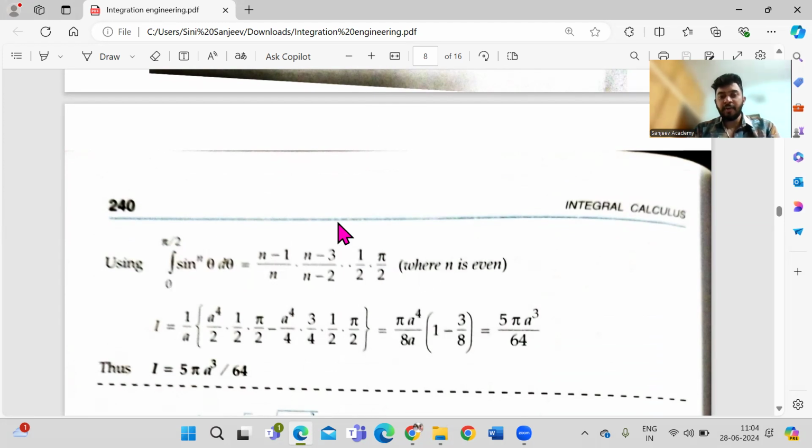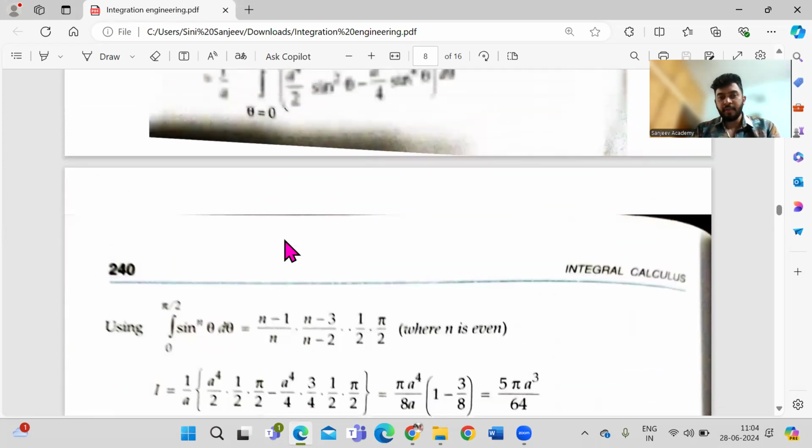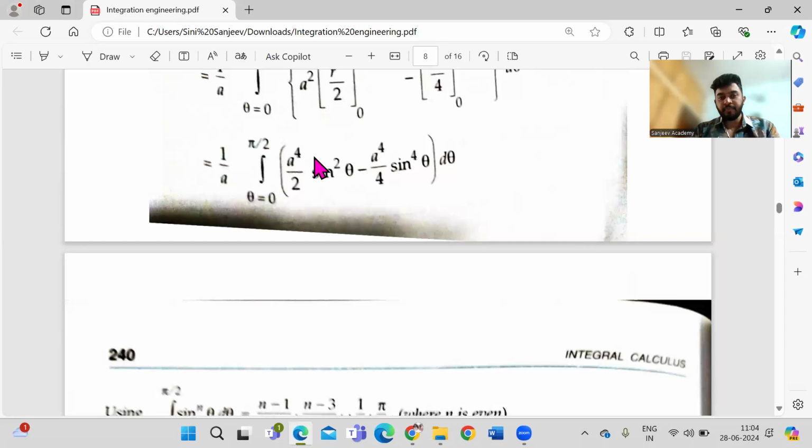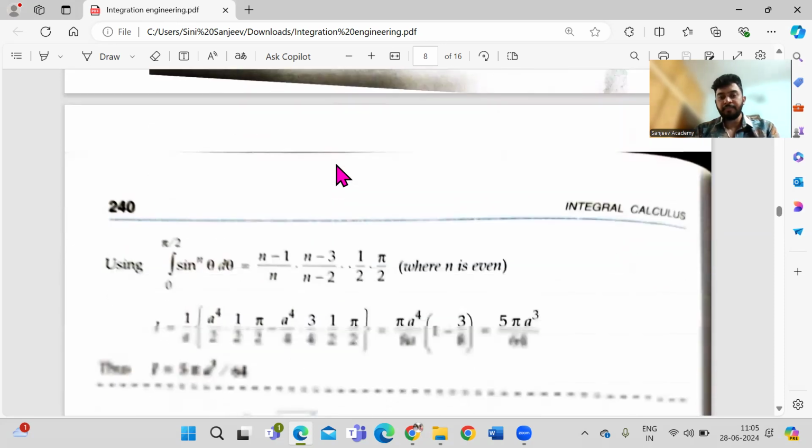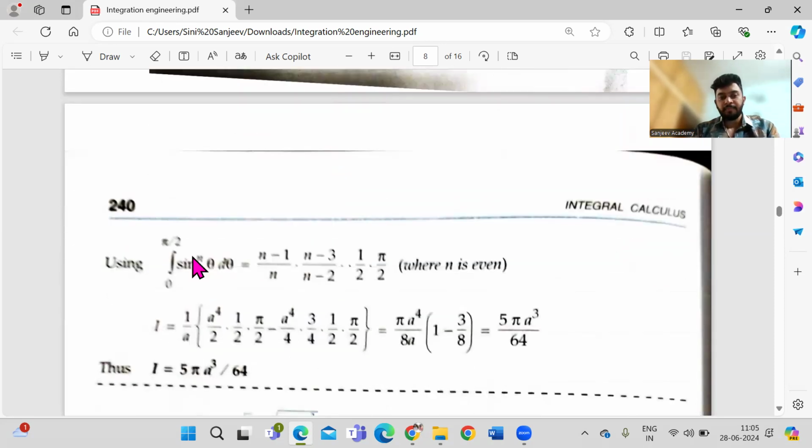So this formula I have to apply on the top, 0 to pi by 2, on both the parts: sine square theta and sine power 4 theta. The first one will be sine square theta and the second will be sine power 4 theta.